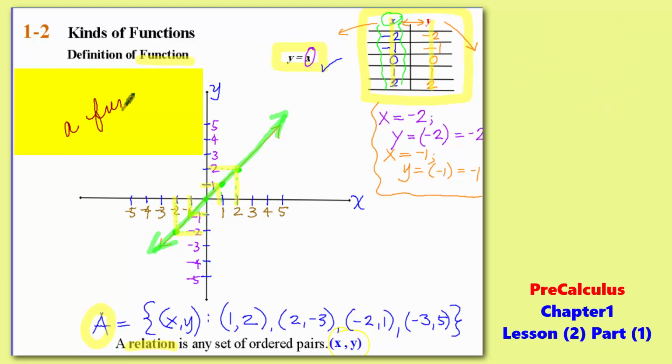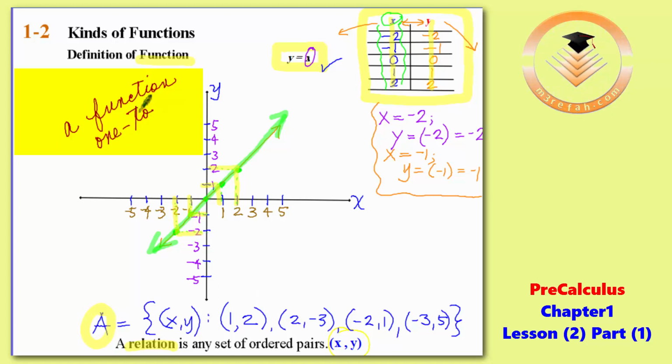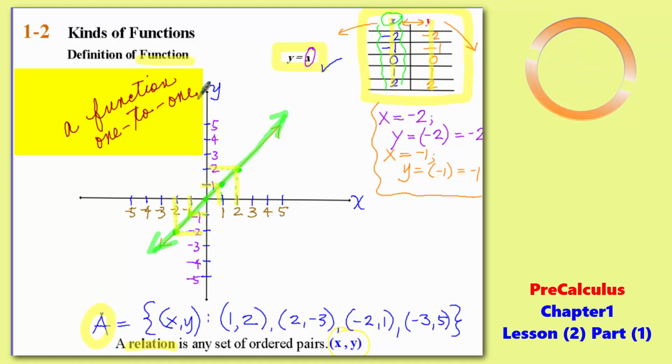It is a function because it is 1 to 1. So we already defined a function. Now let us go to another example.